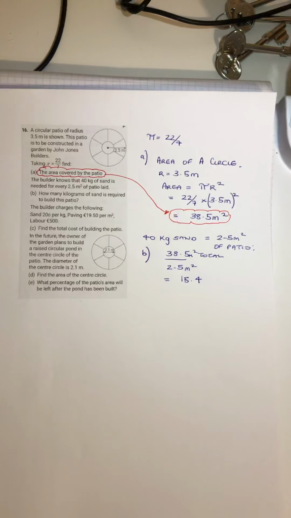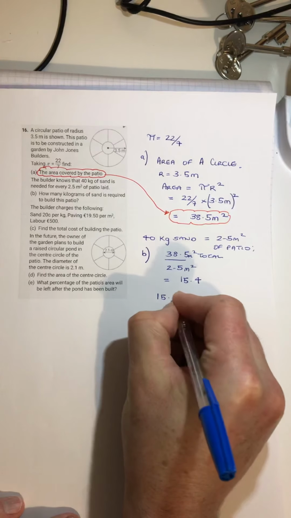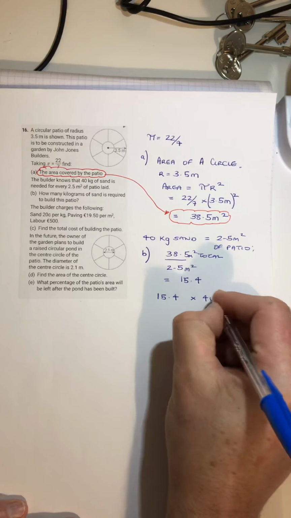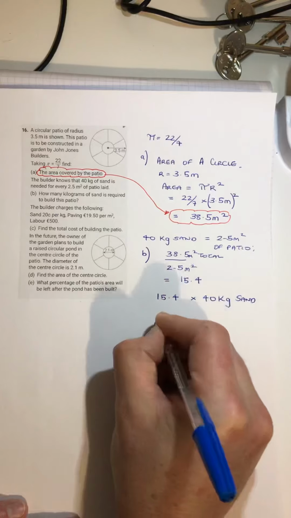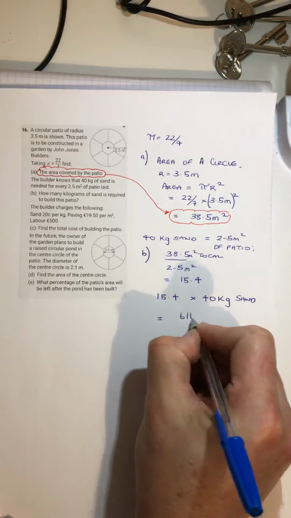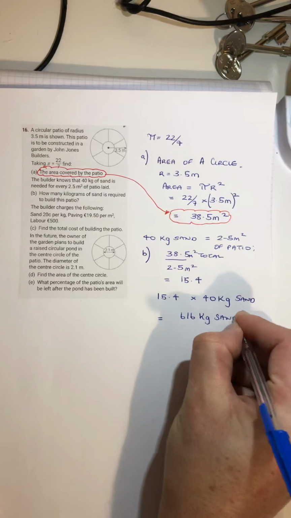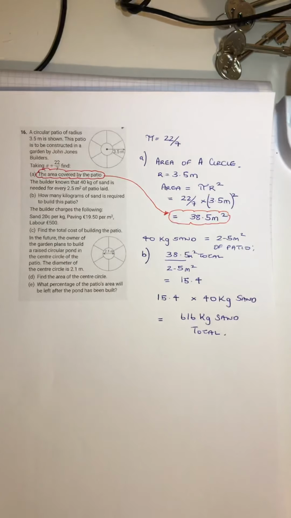Now, the next part then. 15.4, multiply that by 40 kgs of sand is equal to 616 kgs of sand total. So that's the total for all the sand. Okay?